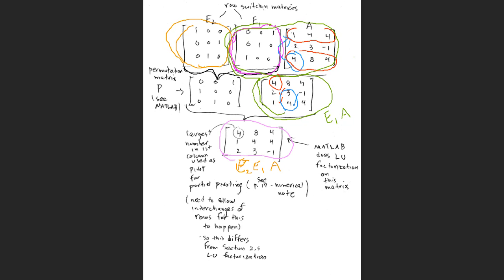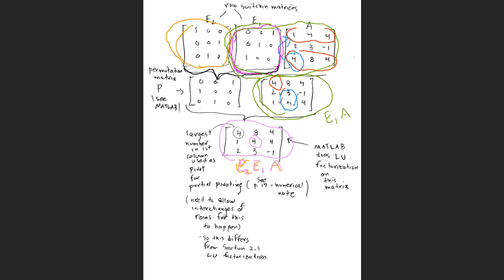So this is E2 times E1 times A. And you'll notice now the 4 in the second column is right where we want that pivot to be. We want the largest pivot to be right there, and it's there.